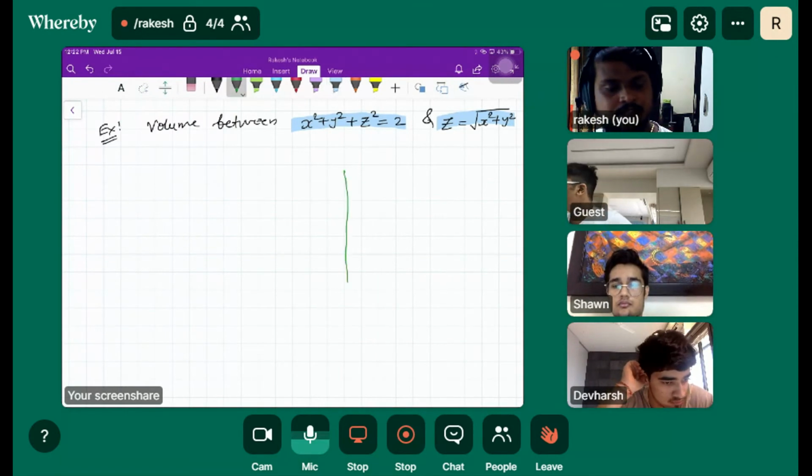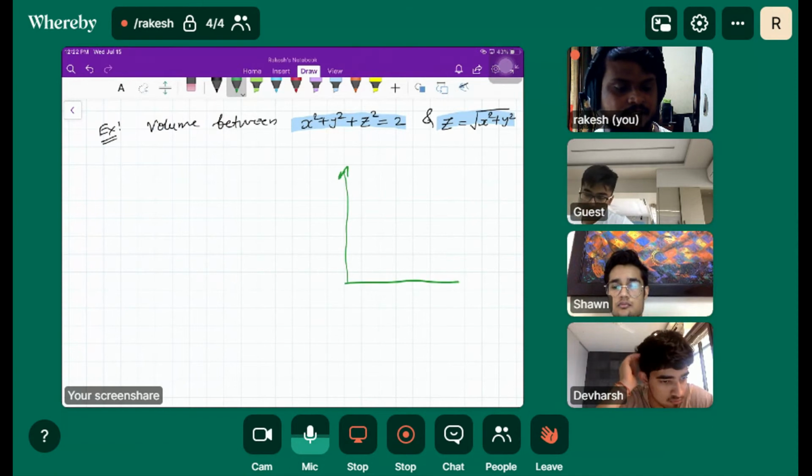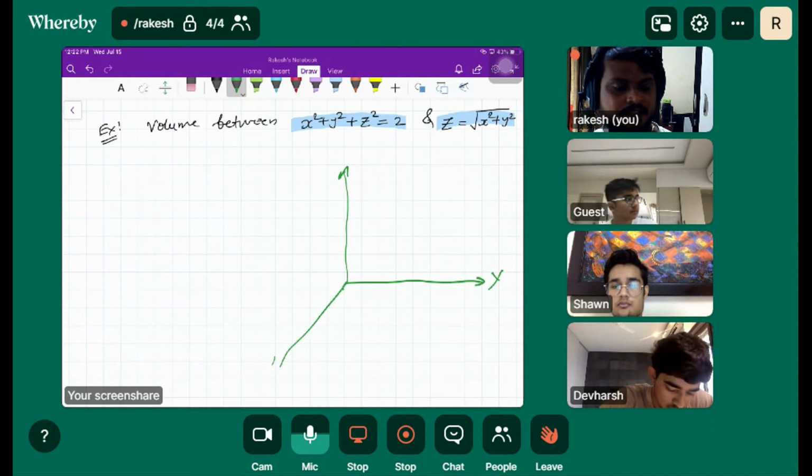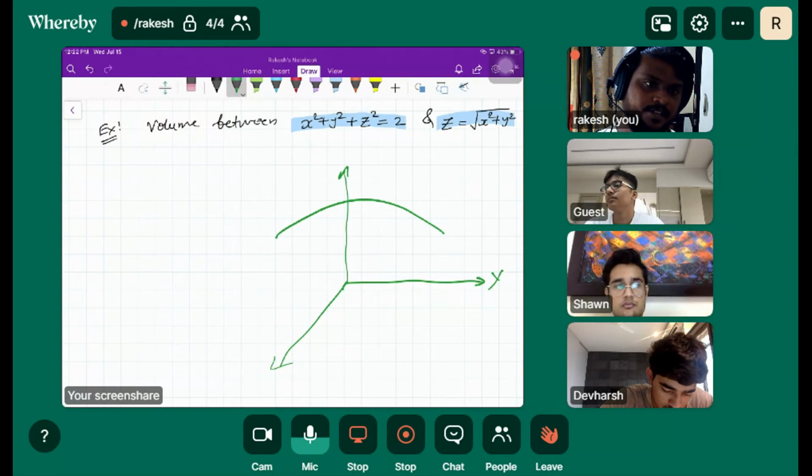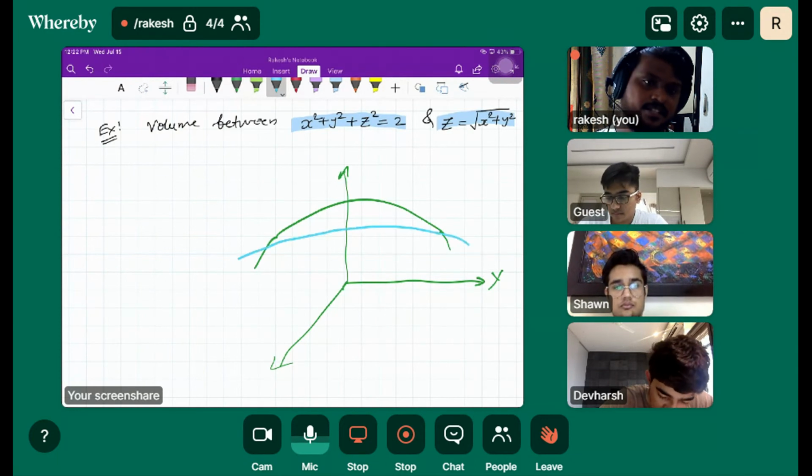See, this is the z-axis, this is the y-axis, this is the x-axis. This is somewhere here your sphere, right? This is the first surface. Fine. Below that, you will have another surface, maybe like this. We are finding out the volume between these two surfaces.